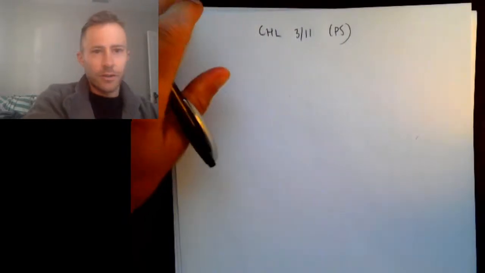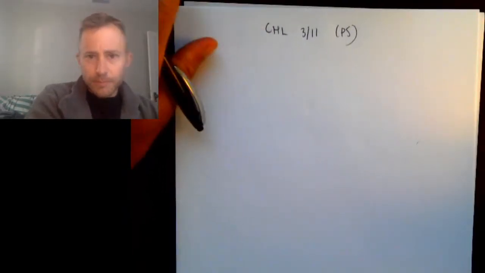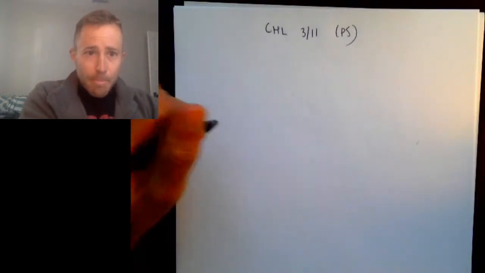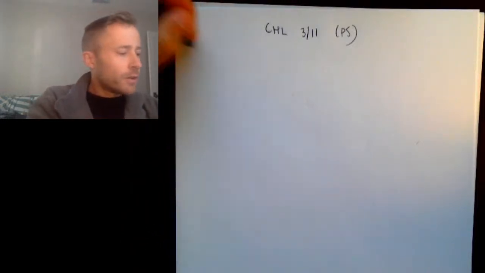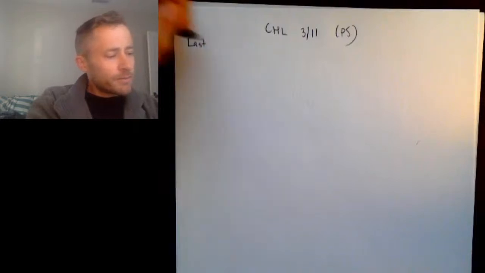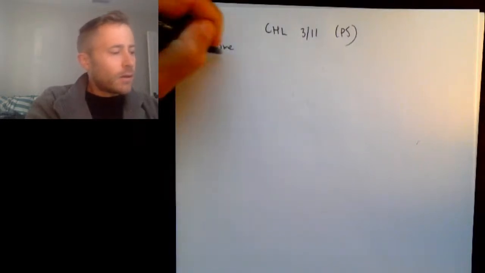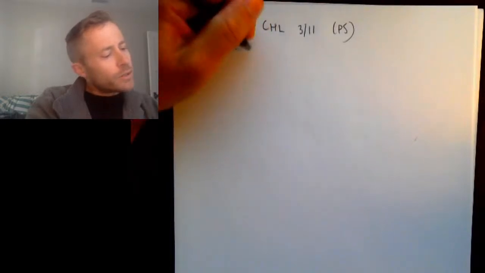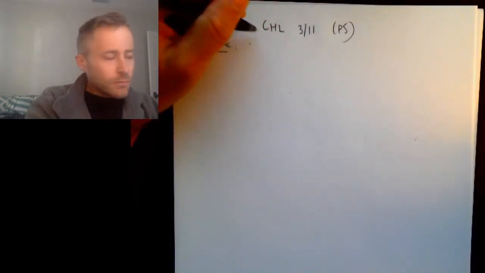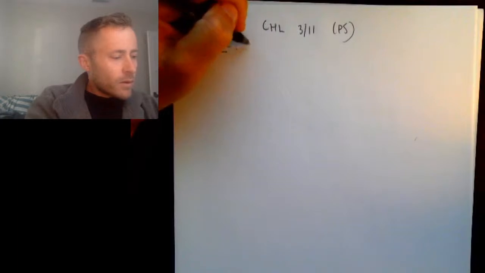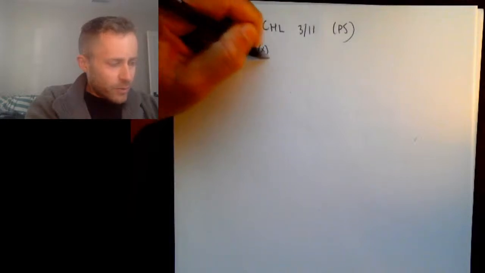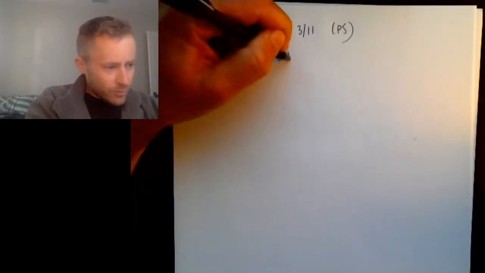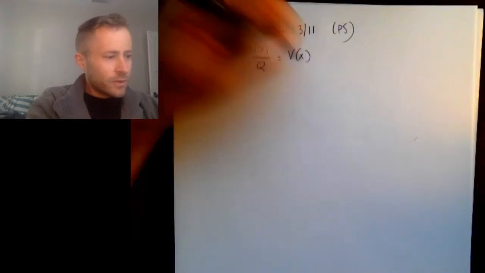All right, hello class. So last time we learned a couple of equations. We learned about the definition of electric potential, which is U of x divided by Q equals V of x.